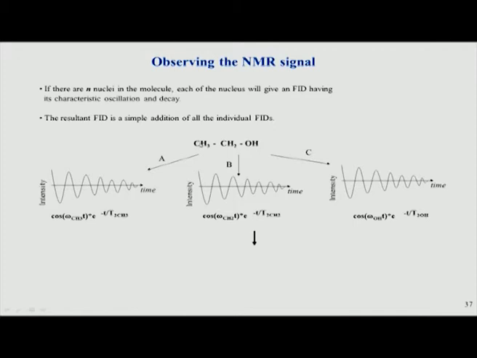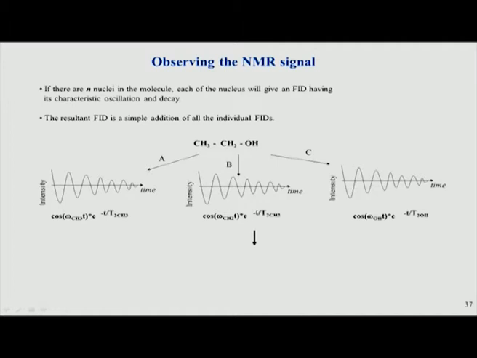The T2 relaxation of this hydrogen need not be the same as the T2 of this, which need not be the same as the T2 of this. Generally, we can assume a different T2 for each of these. Now, for OH similarly you have a frequency of OH oscillation multiplied with the time domain decay of the OH signal, which is captured here as a T2 of OH.